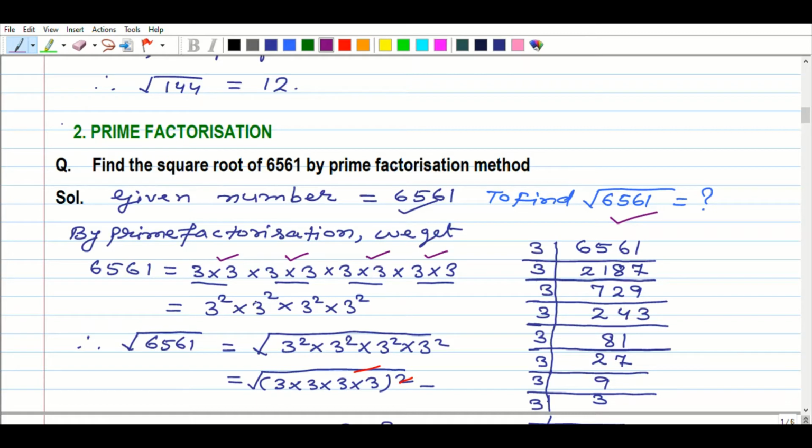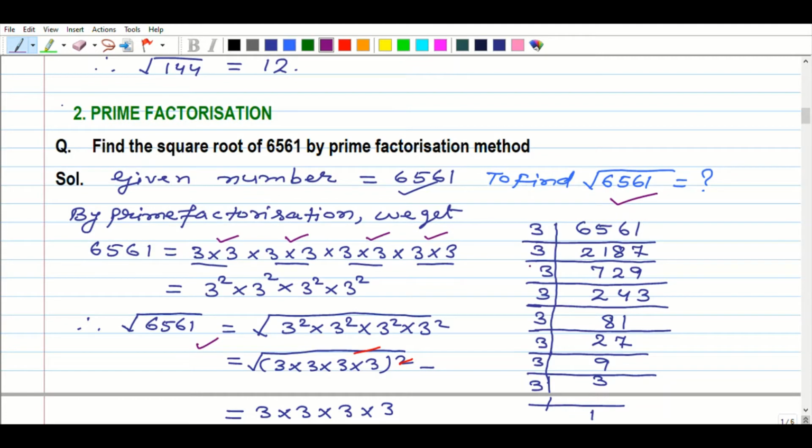So we can write the square root of 6561. After removing the square and root, you know that root equals to 1 by 2.